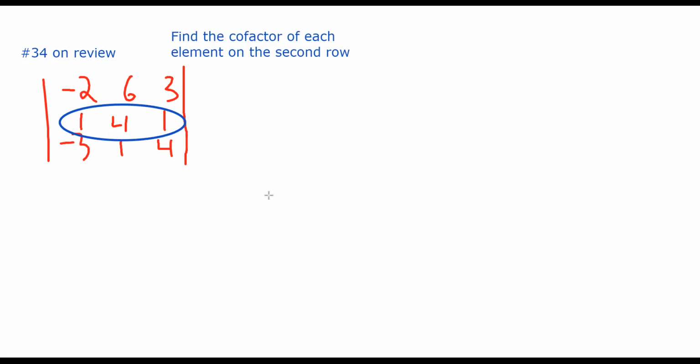What it's going to want us to do is expand along the second row. Now, if we were to expand along the first column, the formula works one way.